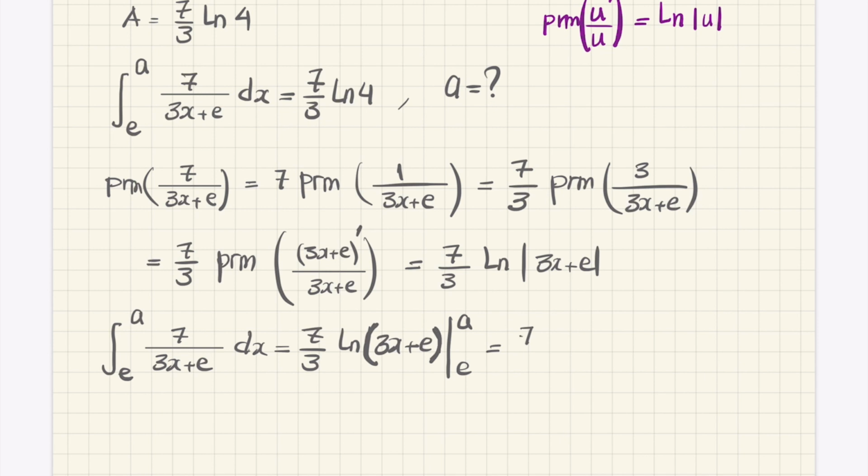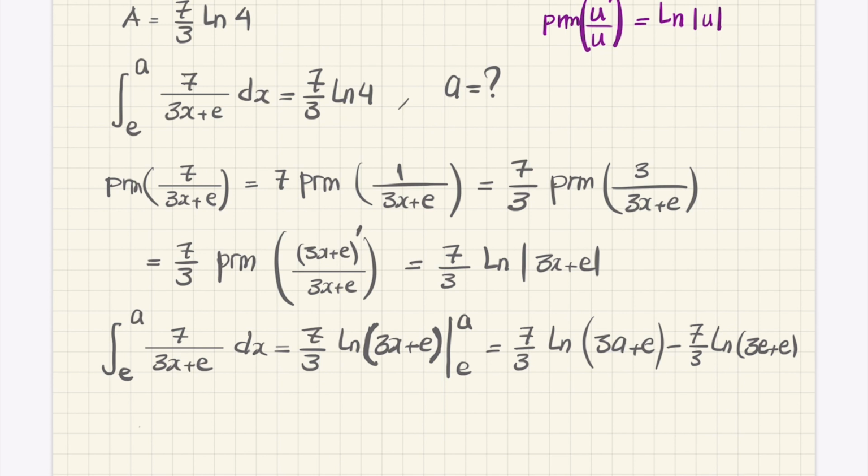Now this becomes 7 over 3 ln of, I replace x with the upper limit, which I don't know, plus e, and minus 7 over 3 ln, I replace x with e, so it becomes 3e plus e. That's it. That is my integral.